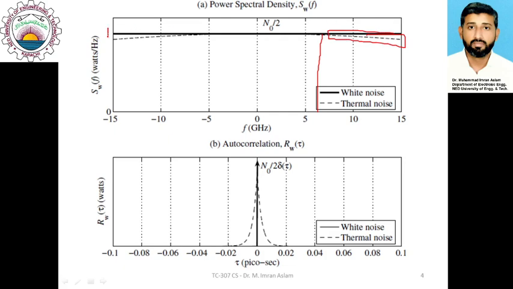So for a significantly large part of the spectrum, we see that the power spectral density of the noise voltage is very much close to constant, although it's not exactly constant. You should realize that these are the commonly used bands.